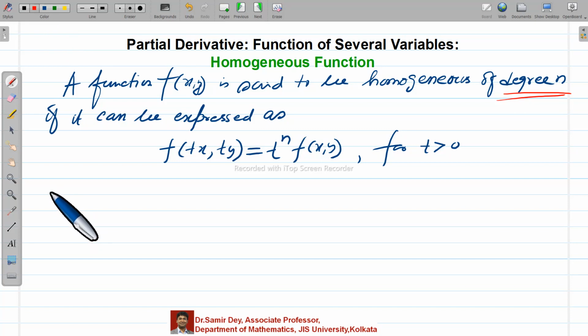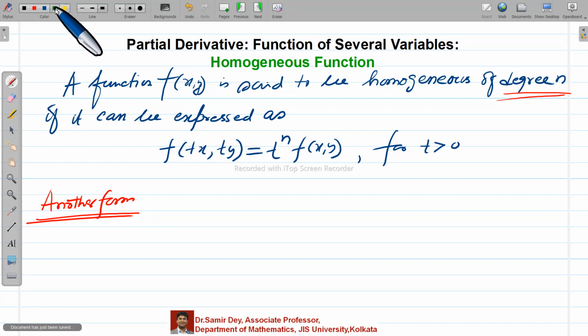Another form, if you consult different writers' books, there may be a chance to see another form. So please write down another form. A function f(x,y) is said to be a homogeneous function of degree n if it can be expressed in the following two forms.